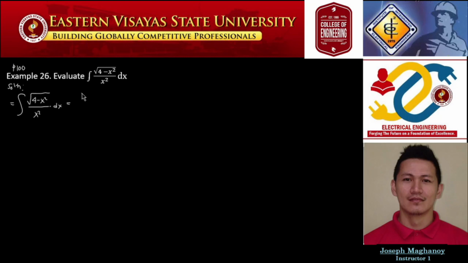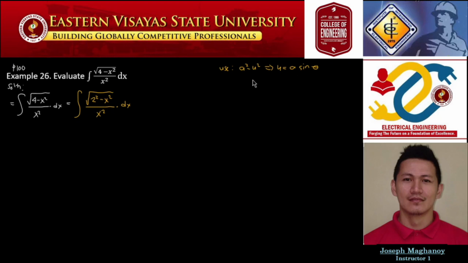We rewrite our function first. Square root of 4, that would be 2 squared, minus x squared, all over x squared dx. So we have a difference of 2 squares. For a difference of 2 squares, a squared minus u squared, we can use u equals a sine theta.